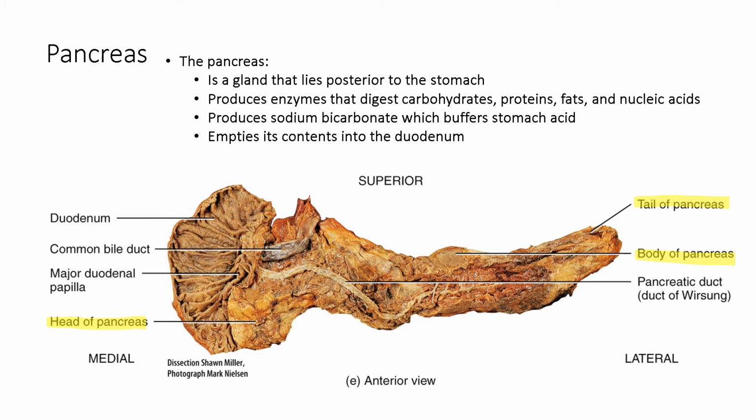And it's going to produce enzymes as well as sodium bicarbonate that are brought into the duodenum. So it produces these enzymes and sodium bicarbonate that are emptied from the pancreas into the duodenum of the small intestine.